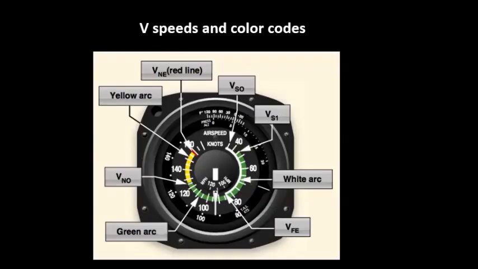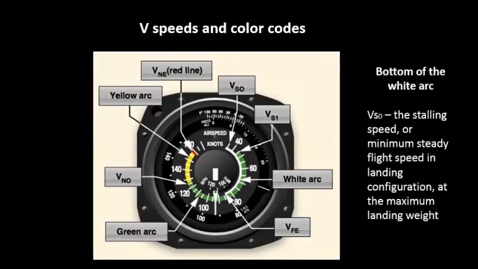V speeds, velocity speeds. There are certain color codes inside your airspeed indicator that we need to be familiar with. We have a white arc, a green arc, a yellow arc, and a red radial line. At certain positions of the arcs in the instrument, they define certain things.